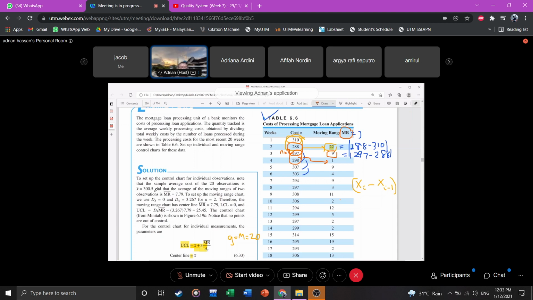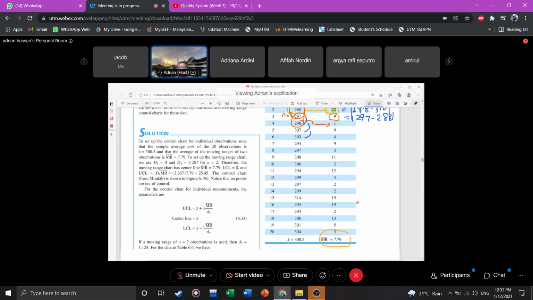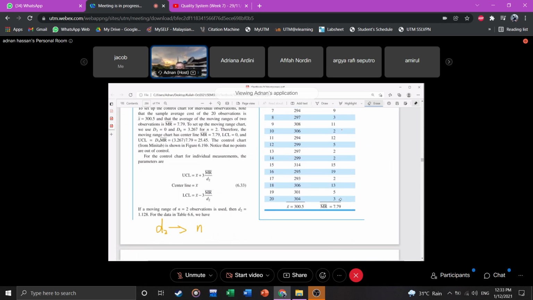So if you see here, the solution, we get the average of MR. MR was 7.79, coming from the summation of all the values divided by 20. This is what we get, the MR values.